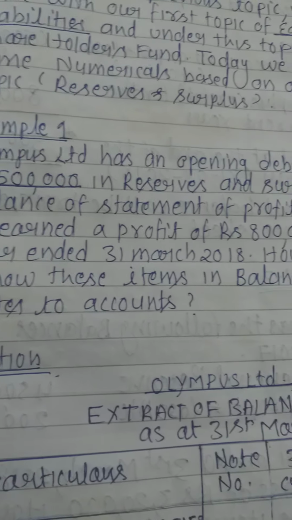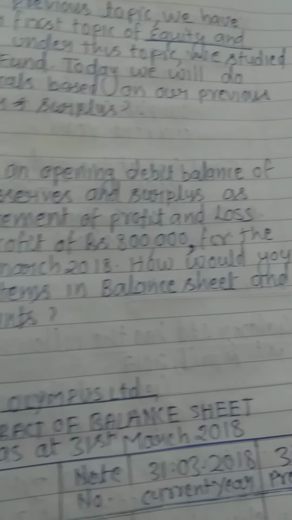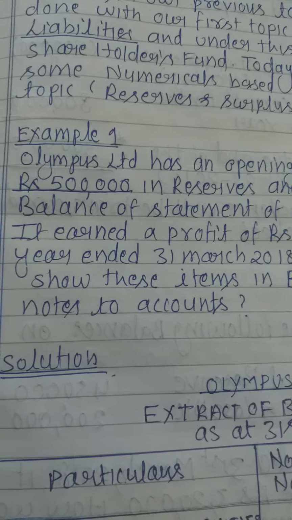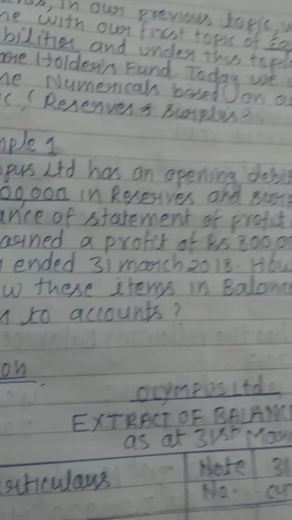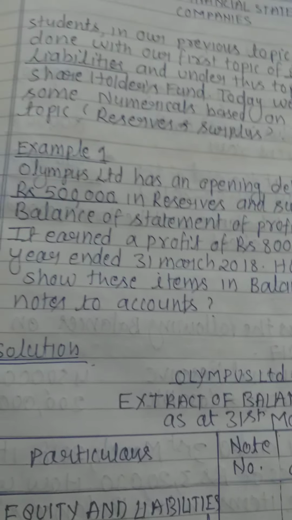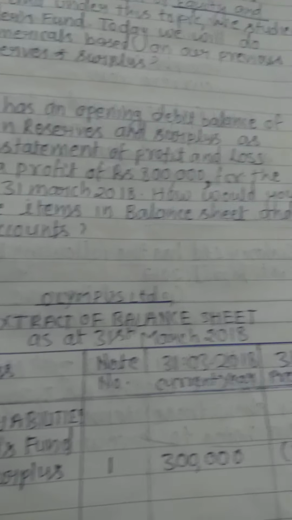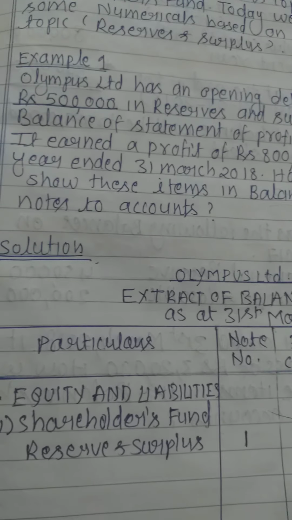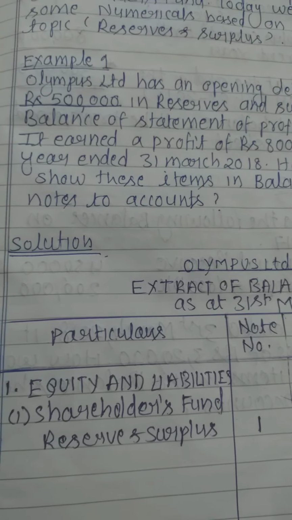It earned a profit of rupees 8 lakh for the year ended 31st March 2018. How would you show these items in balance sheet and notes to account?